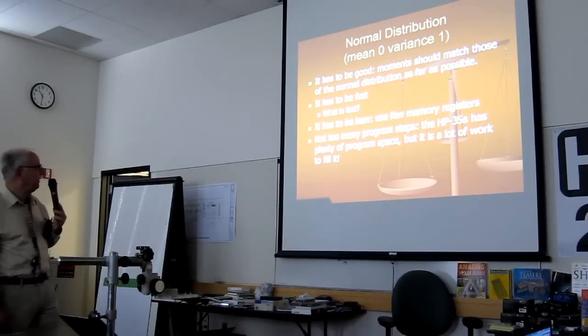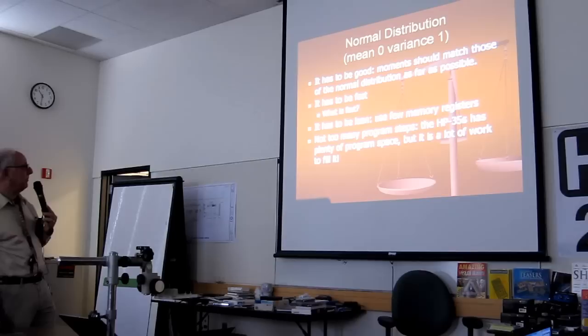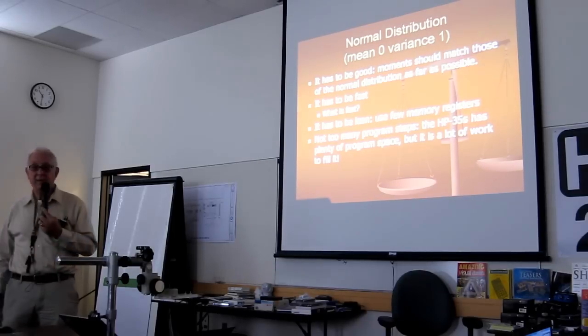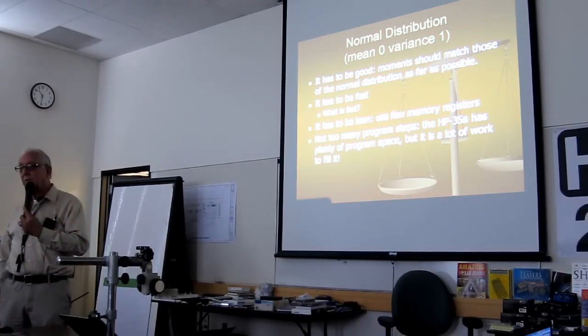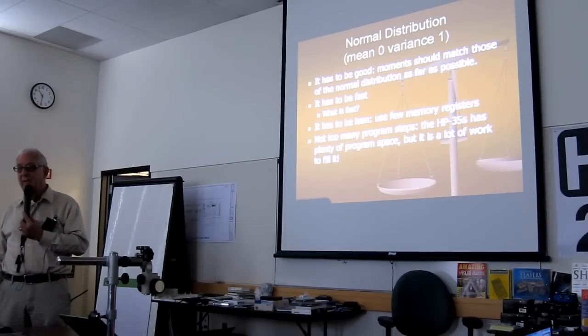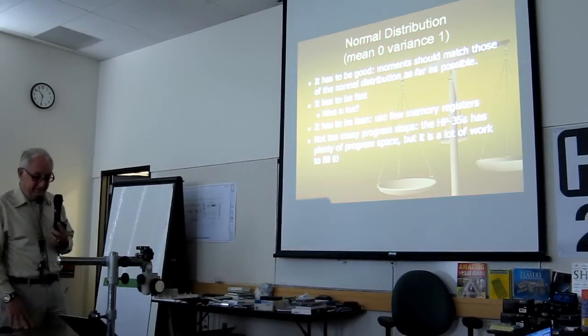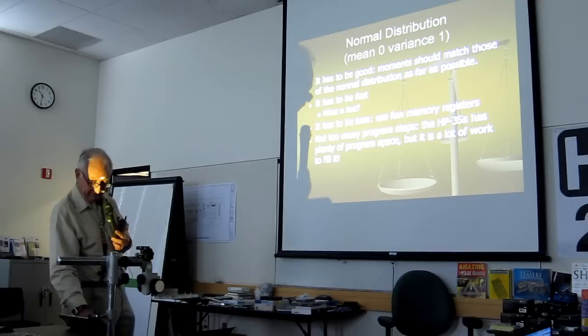So you don't want to tie up very many of these registers, A through Z, and not too many program steps. Not because we're low on memory, but just because it's a lot of work to enter all those programs into a machine that has no permanent backup. We have no magnetic cards or disk or anything like that, so we don't want it to be too long.